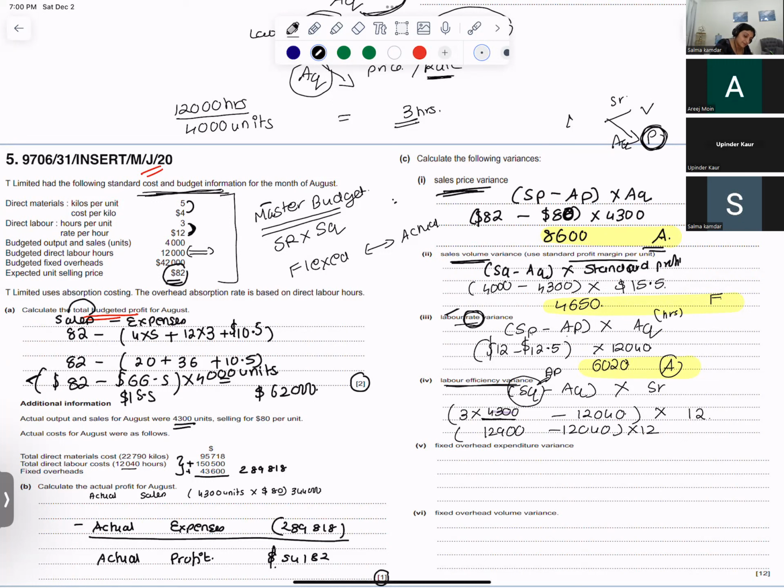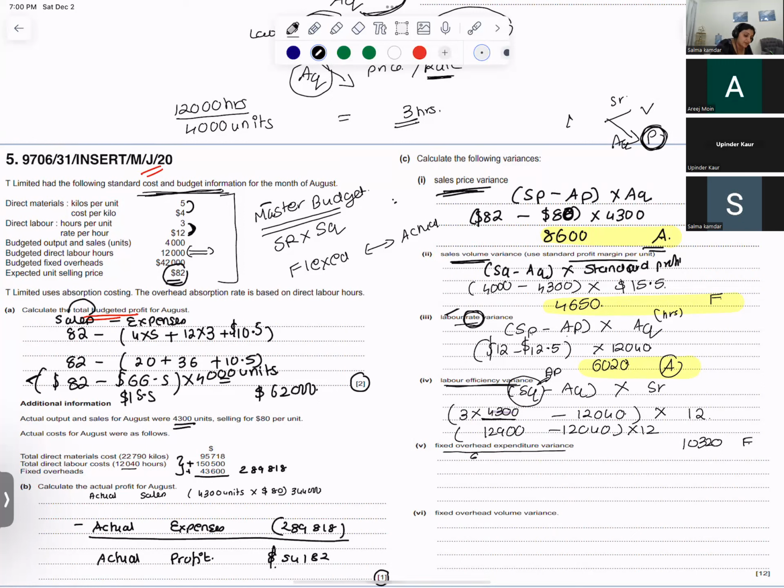Adverse or favorable? Favorable. 10,320 favorable.